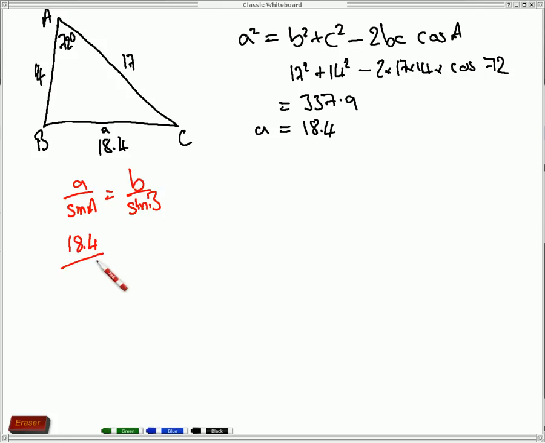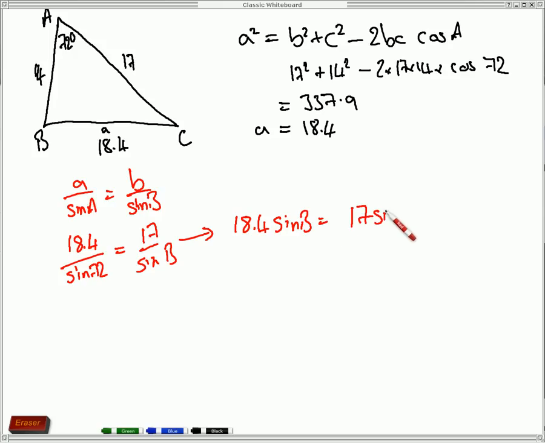So there's the 18.4 I found using the cosine law. Divided by sine 72 equals 17 over sine B. Rearrange this, so what I can do is cross multiply. 18.4 sine B equals 17 sine 72.